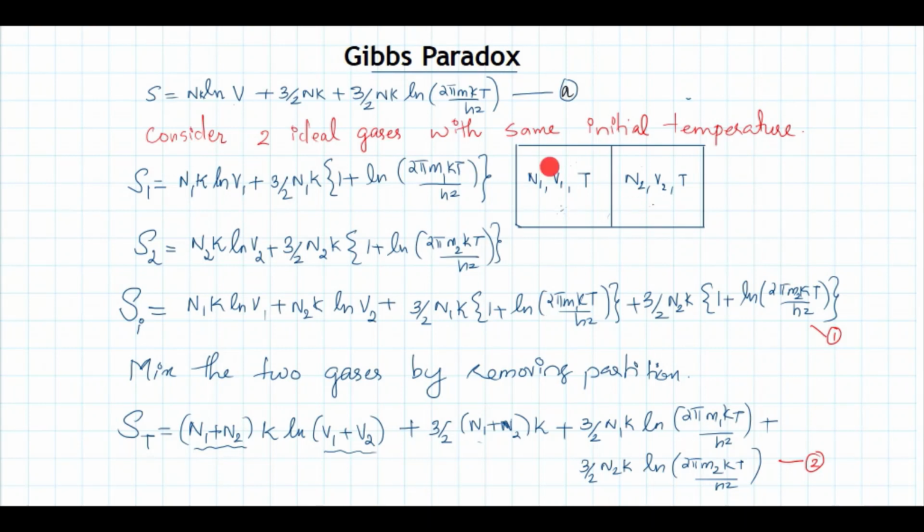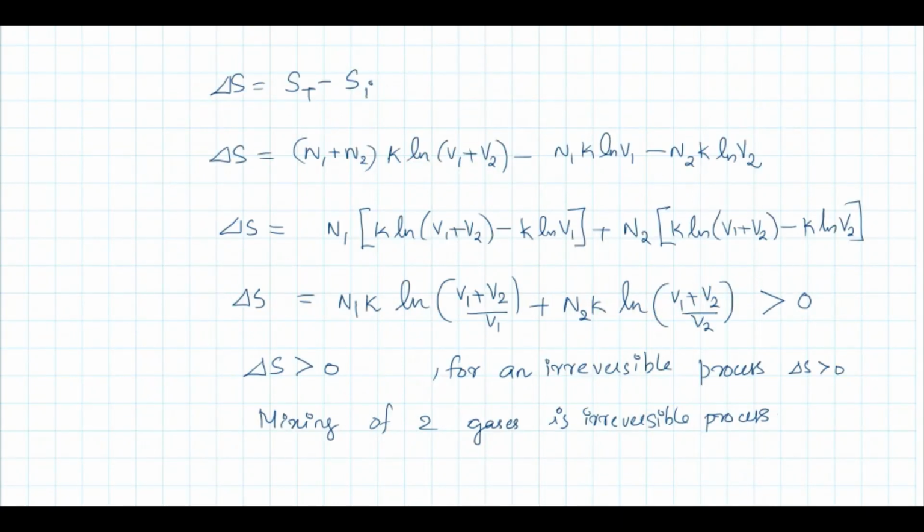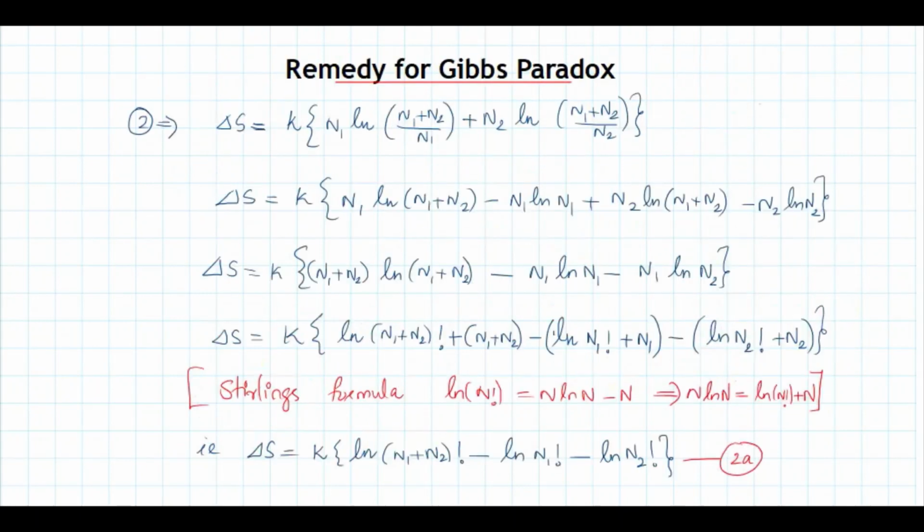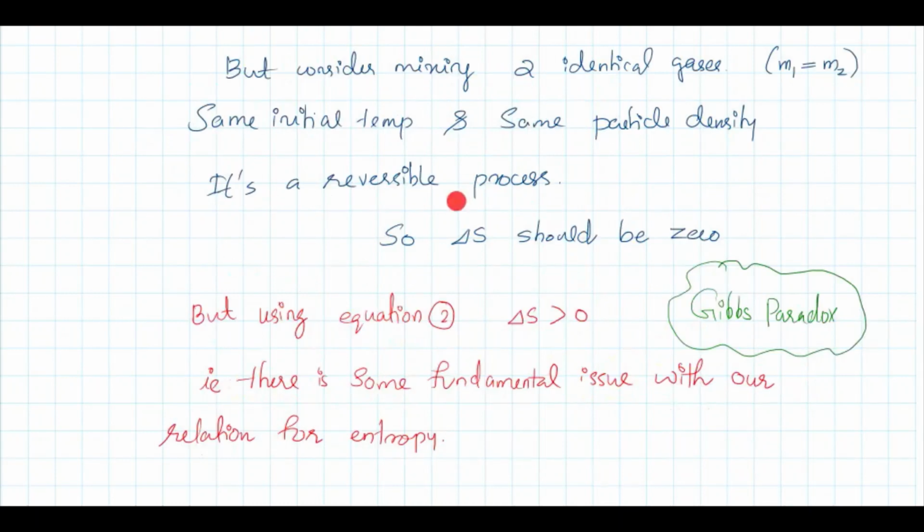The only difference is that some molecules in this compartment may reach here and the same number of molecules will reach there. Since they are all the same molecules, there is no difference between the initial stage and the final stage. That is, it is completely a reversible process. The mixing of two similar gases is a reversible process.